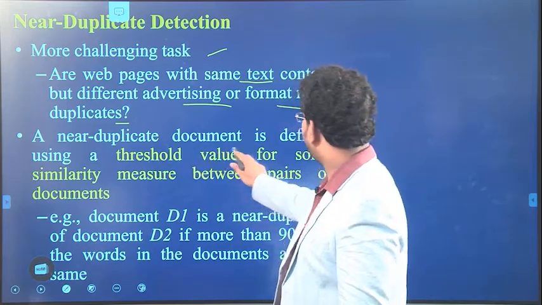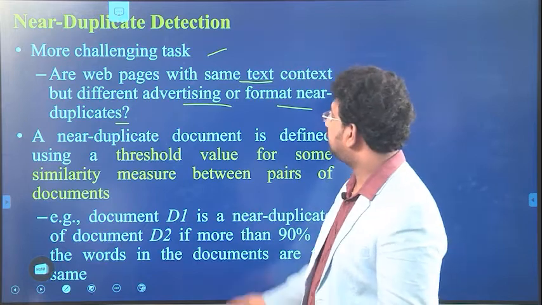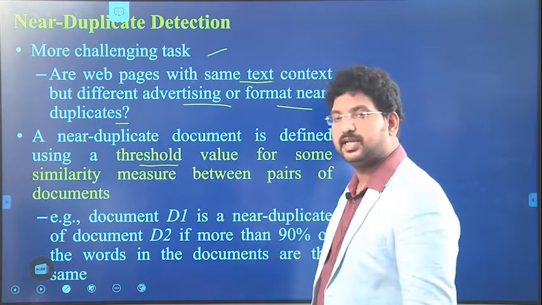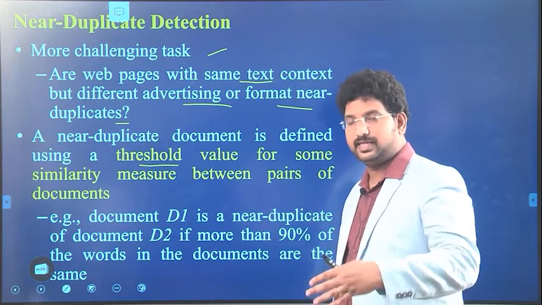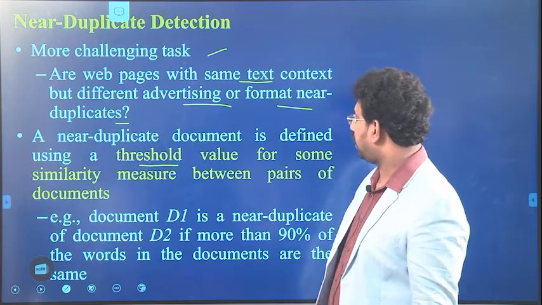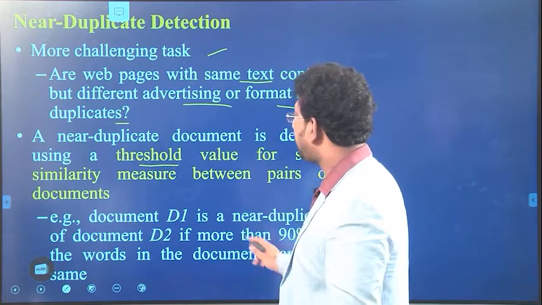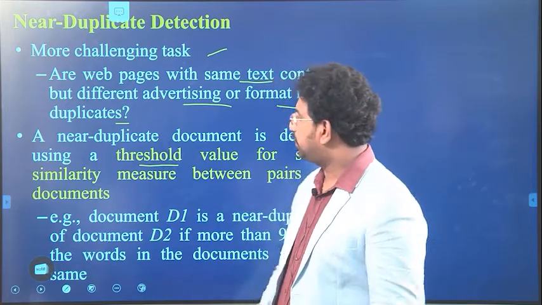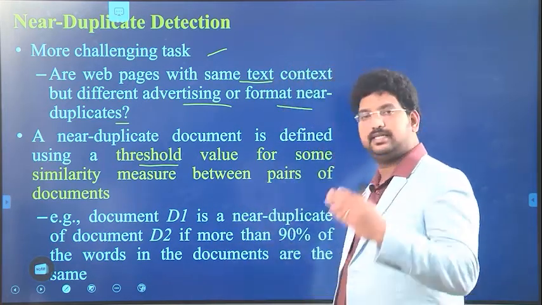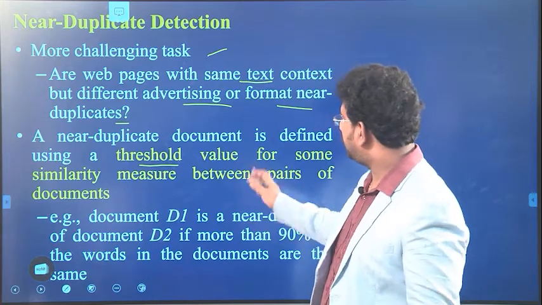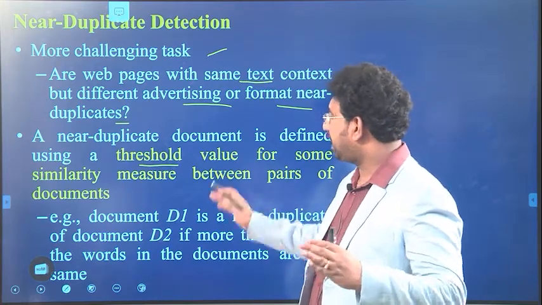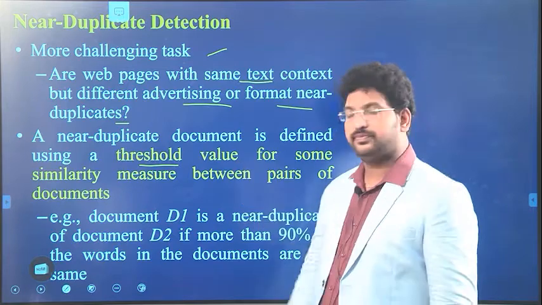Here you try to understand what a near duplicate is. A near duplicate document is defined using a threshold. We are going to use the threshold, and accordingly we decide whether it is a near duplicate or not. So a near duplicate document is defined using a threshold value for some similarity measure between pairs of the documents.